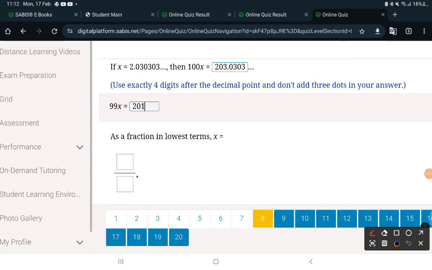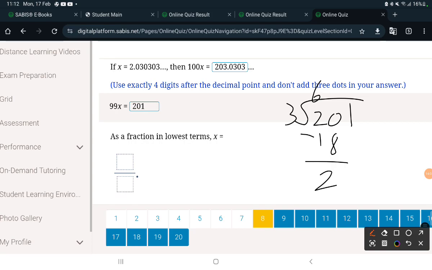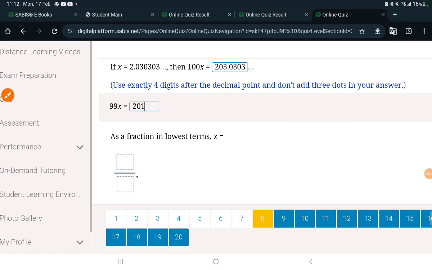Okay, so we're dividing 201 by 3. 6 times 3 is 18, 20 minus 18 is 2. You drop down a 1. 21 divided by 3 is 7. So 67. And then 99 divided by 3, I think everyone knows that, that's just 33. So we have 67 over 33.